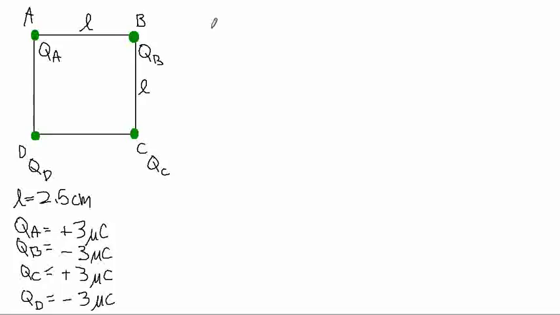And Q sub A is equal to plus 3 microcoulombs, Q sub B is equal to minus 3 microcoulombs, Q sub C is equal to plus 3 microcoulombs, and Q sub D is equal to minus 3 microcoulombs. What I'd like to do is find the total electric force on object B. Okay, so we're going to have a contribution from objects A, C, and D. 3 force contributions.